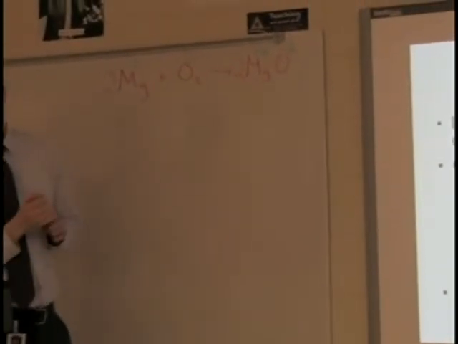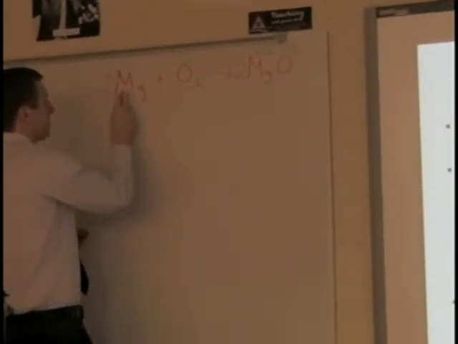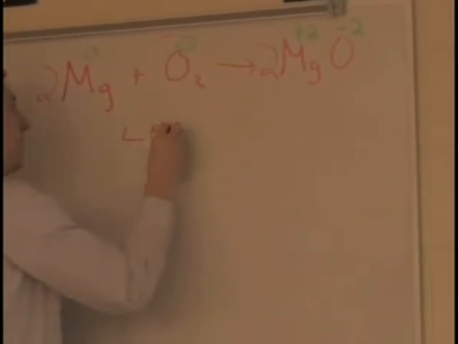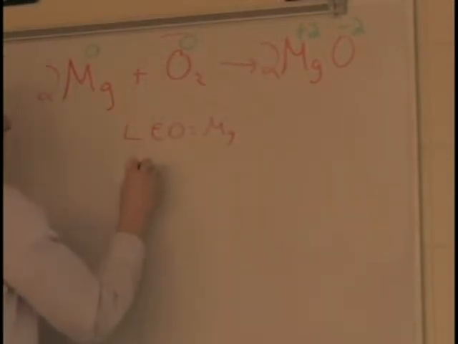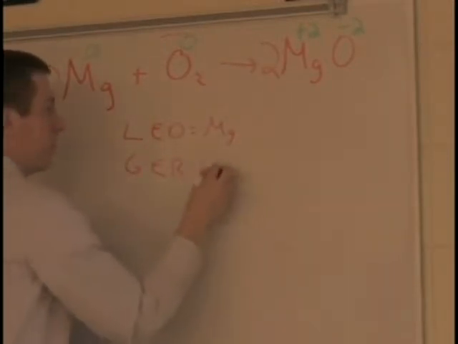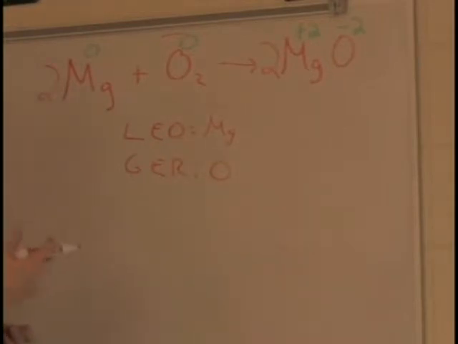What you would need to do then is identify what is oxidized, what is reduced. Remember that electrons are negative. So if magnesium starts as a 0 and it goes to a +2, it lost electrons. Lose electrons, it's oxidized. So the magnesium was oxidized. The oxygen went from a 0 to a -2. It gained electrons, it's reduced. We'll go over how to write half reactions later on, but that's something we have to remember of how to identify it.